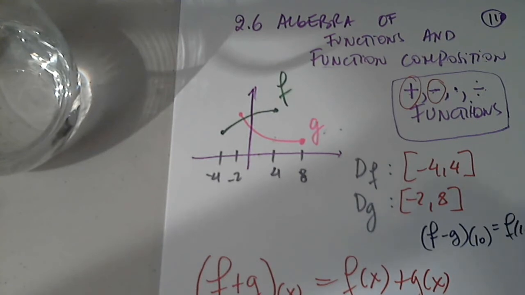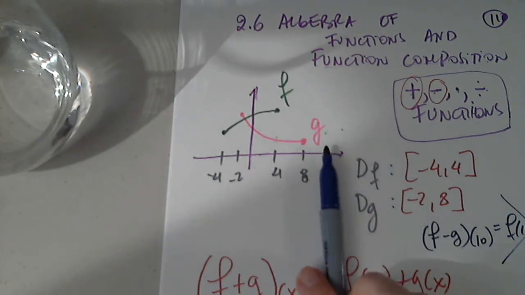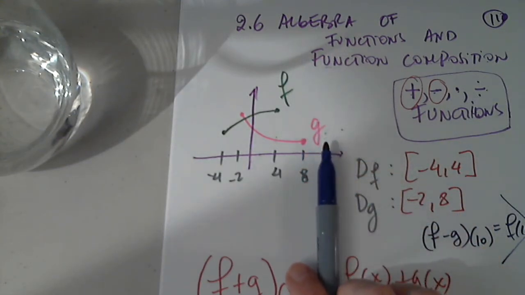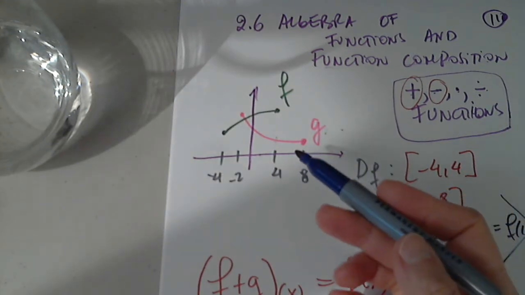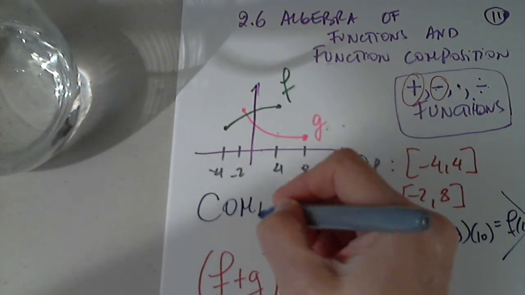It's f of 10 minus g of 10. True, but they don't exist. f of 10 does not exist. g of 10 does not exist. So, what's with all that? Well, the key is what is called common domain.